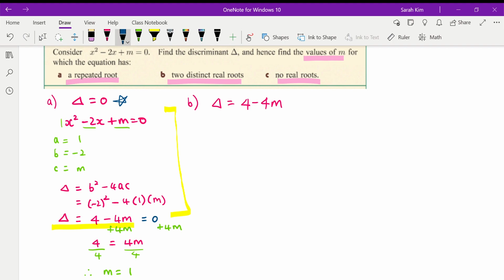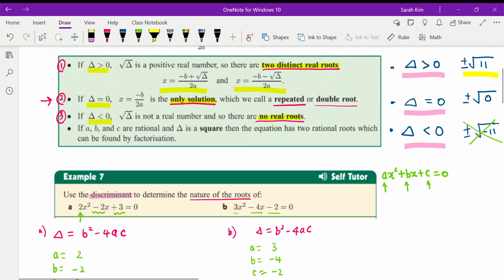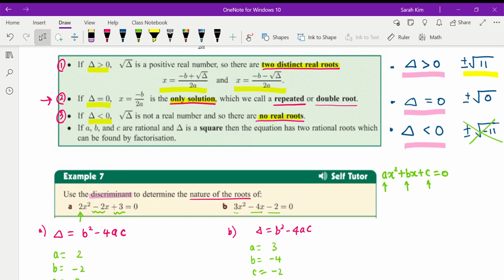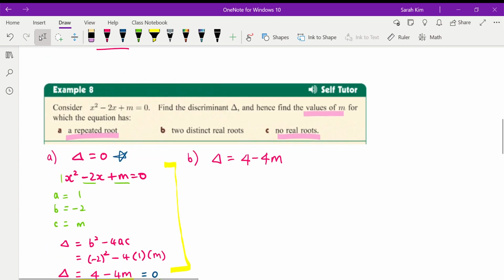We just need to figure out what gives me two distinct real roots. If I scroll up and look at my notes again, two distinct real roots is given by option 1, when the discriminant is greater than 0. So what I'm aiming for is this to be greater than 0. I'm trying to find the m value that gives me two distinct real roots.